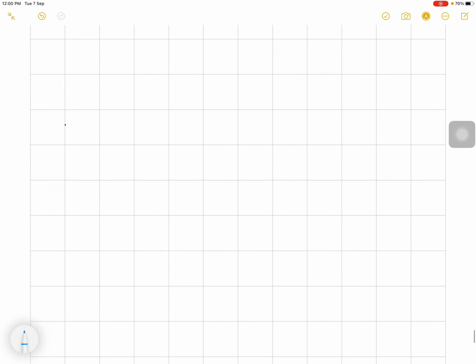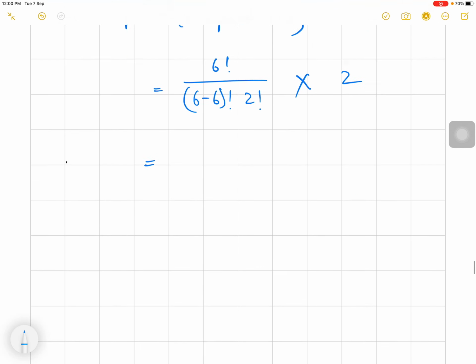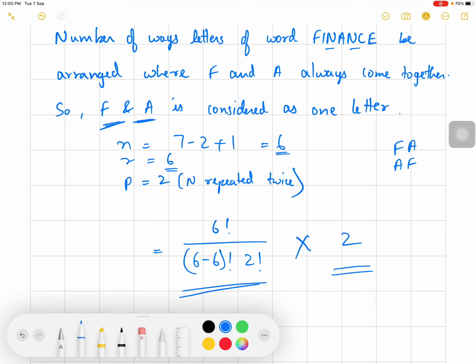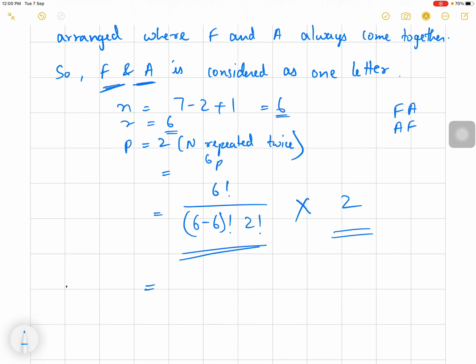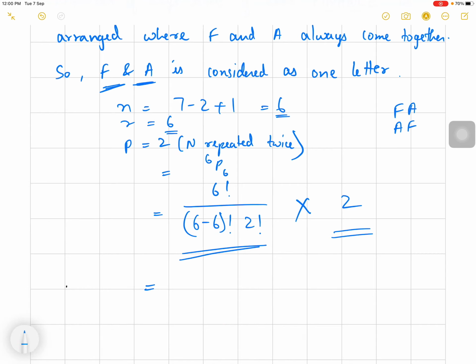So what I am doing here is this is 6P6 and this is 2P2. I'll write here 6P6 multiplied by 2P2. 6P6 will be 6 factorial divided by (6 minus 6) factorial, 2 factorial, because N is repeated twice, and 2P2 is 2 factorial, 2 ways.